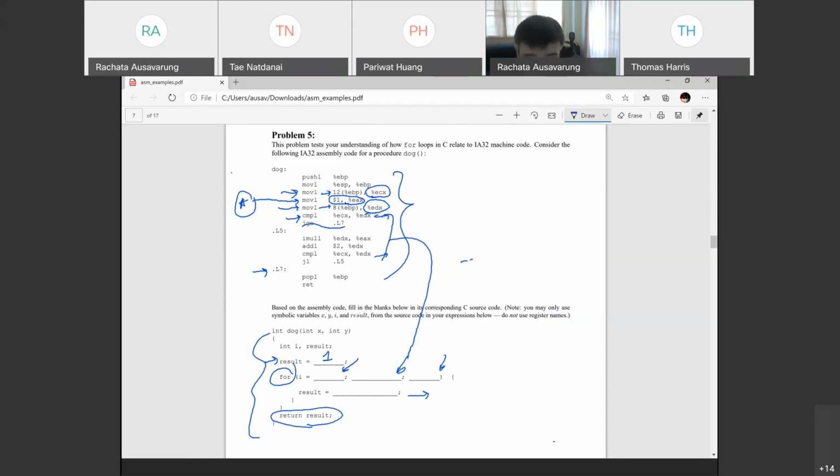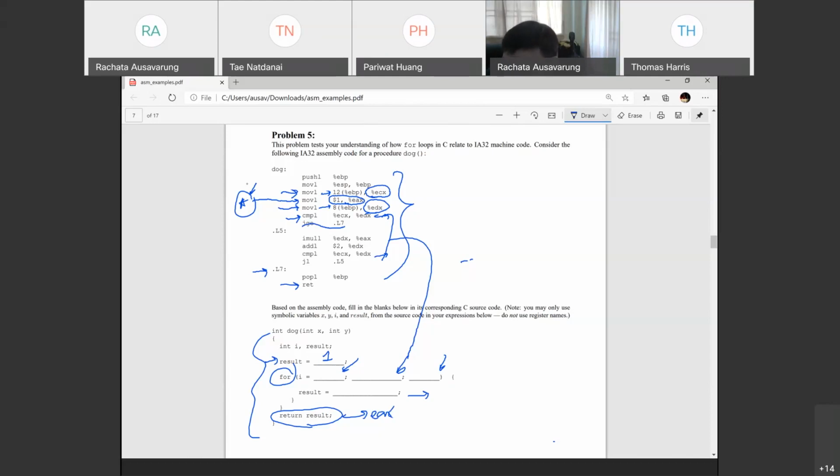So when you finish the function, once you hit return, EAX becomes its return value, and you return results through this EAX. So this line moved one into EAX, which means I'm initializing results to one, right?